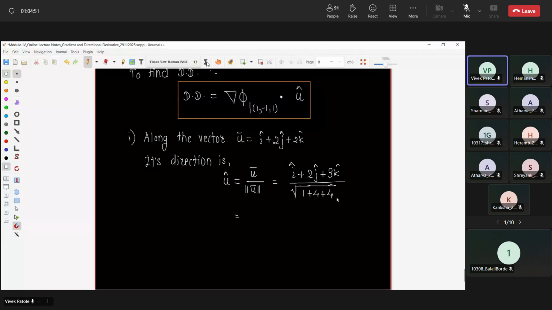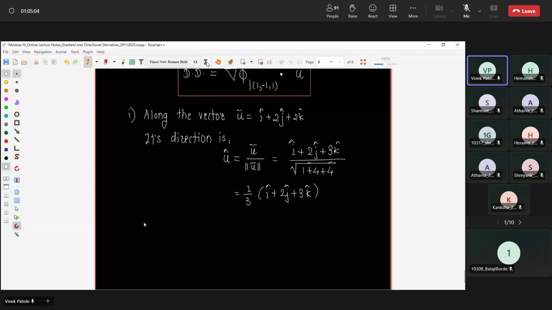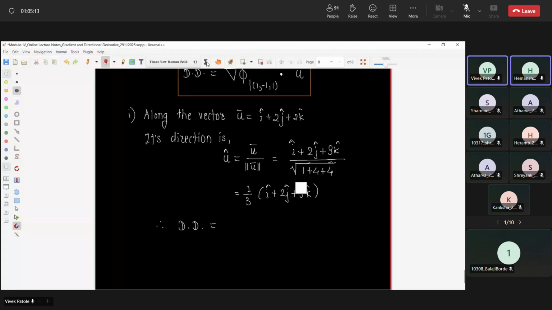Therefore, we get u cap as 1 by 3 into i cap plus 2j cap plus 2k cap. Sir, in u bar you have written 3k cap, but it should be 2k cap. Correct.